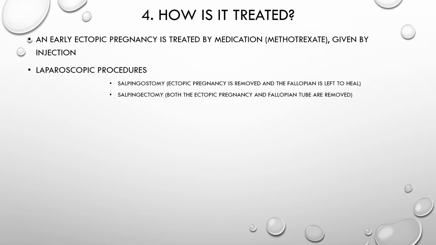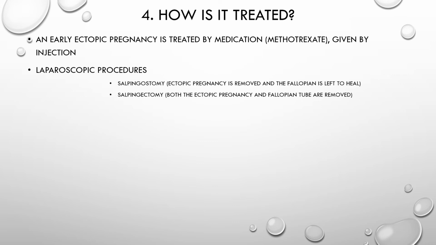Then there are laparoscopic procedures. There's the one called salpingostomy, where they just remove that ectopic pregnancy. They make a little cut, put in something like a camera with a lens, and remove that developing egg, then they leave the fallopian tube to heal by itself.